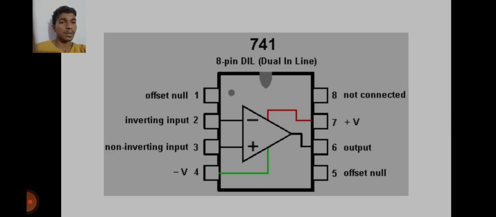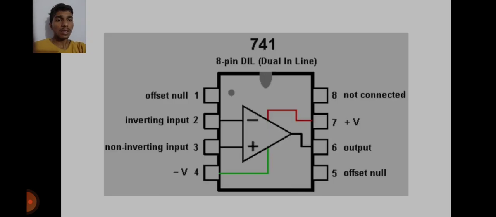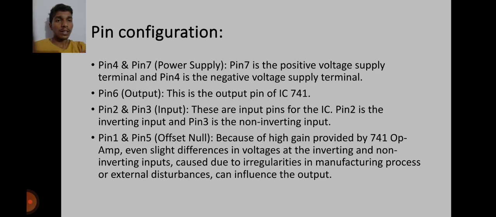The negative DC voltage is applied at the 4th pin and the positive voltage is applied at the 7th pin. The 8th pin is no connection, so we are not connecting any components to the 8th pin. The 5th pin and 1st pin are the offset nulls. We will learn about these pins in detail.